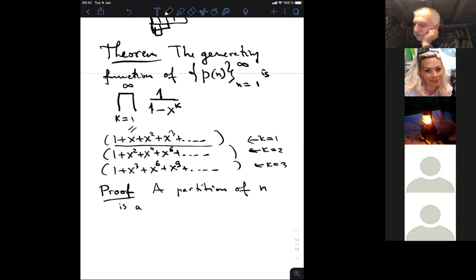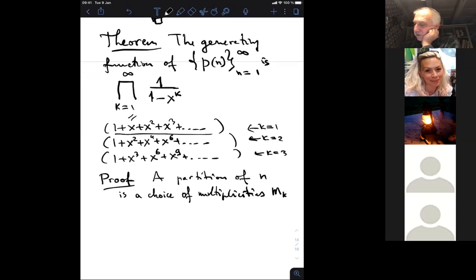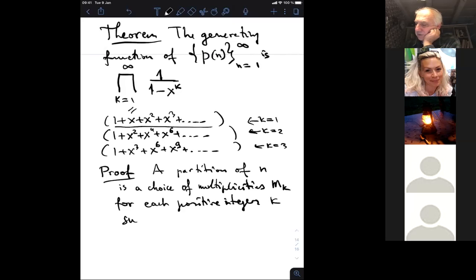is a choice of multiplicities, which I'll call m_k, for each positive integer k, such that the sum m1 times 1 plus m2 times 2 plus and so on plus m_k times k plus and so on equals our given number n.